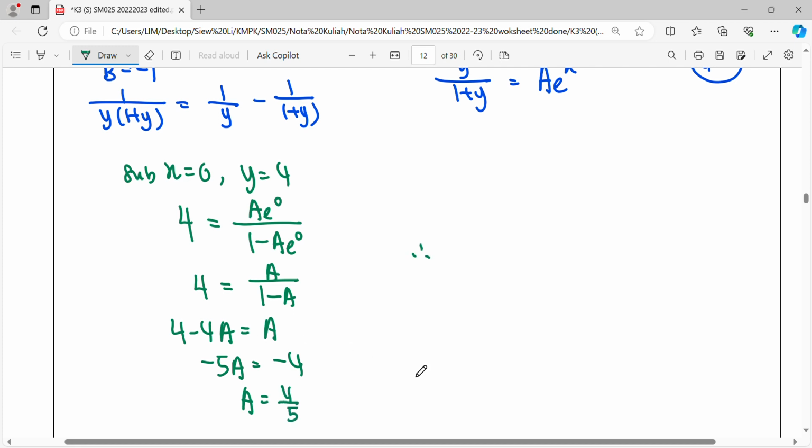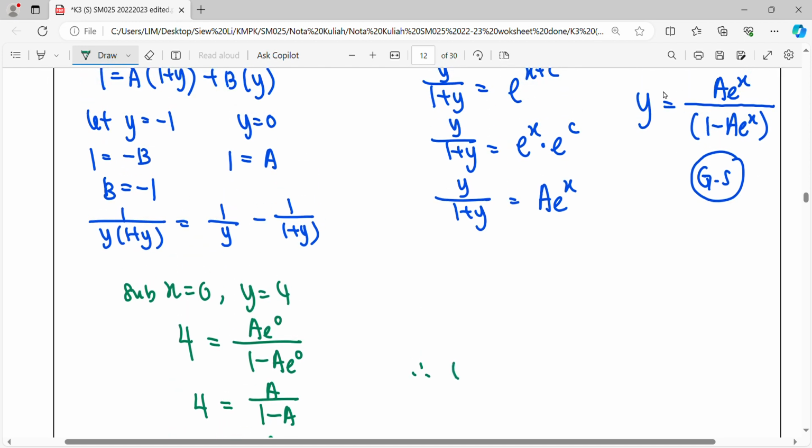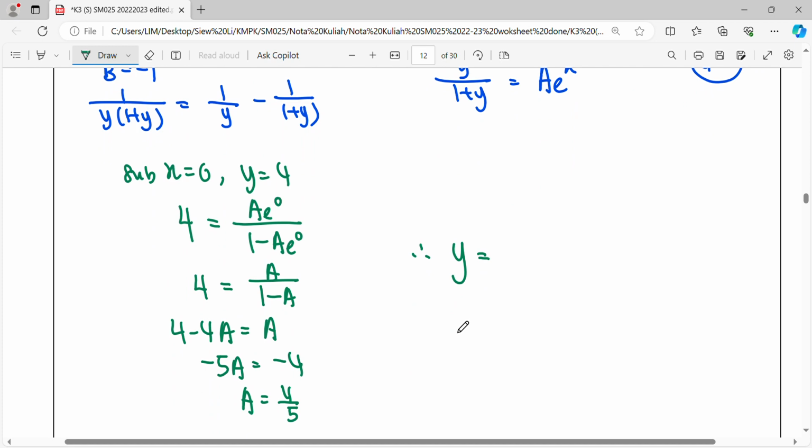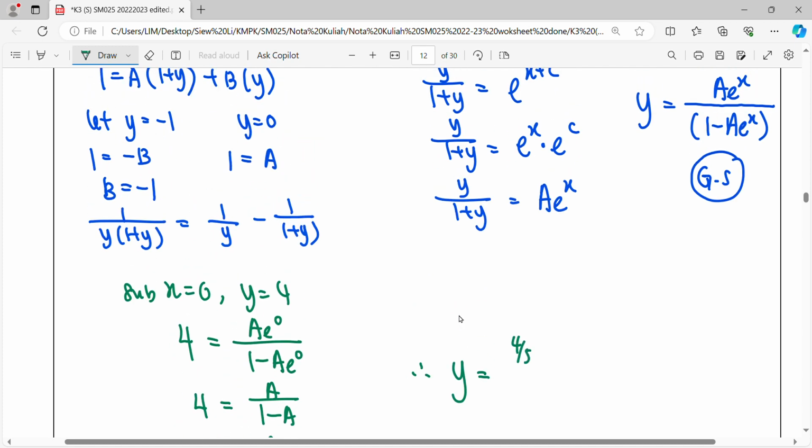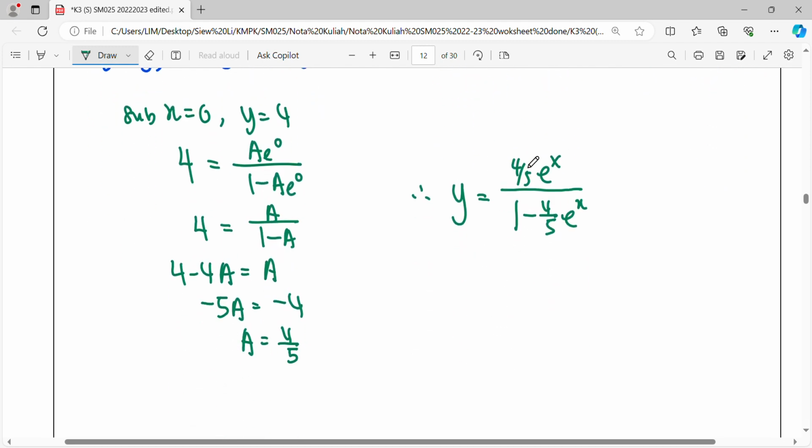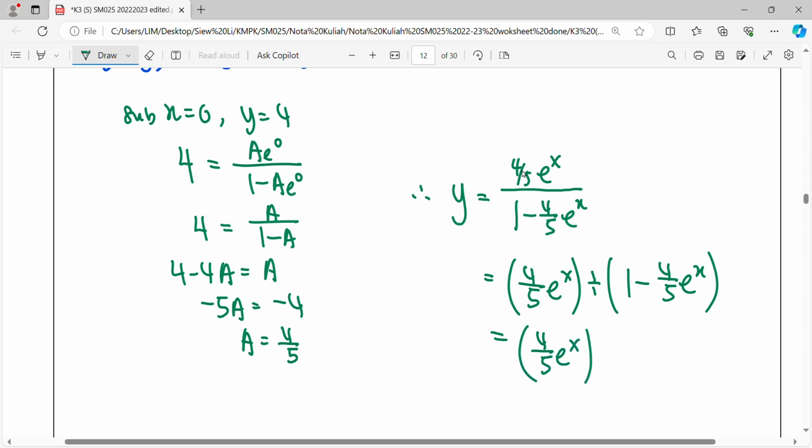Therefore, lastly, we substitute back into the general solution. y equals 4 over 5 e^x over 1 minus 4 over 5 e^x. So we can see a fraction within a fraction. If we can, we simplify some more. We make it the same denominator, multiplied with 5.